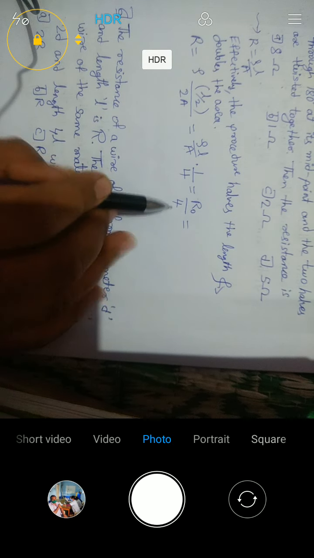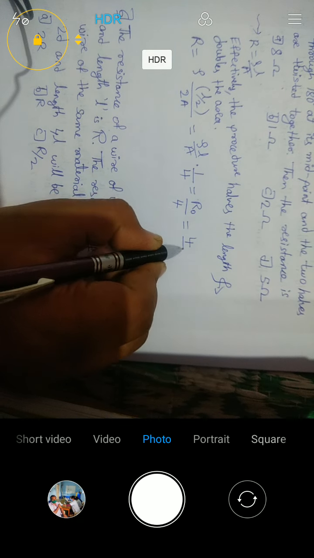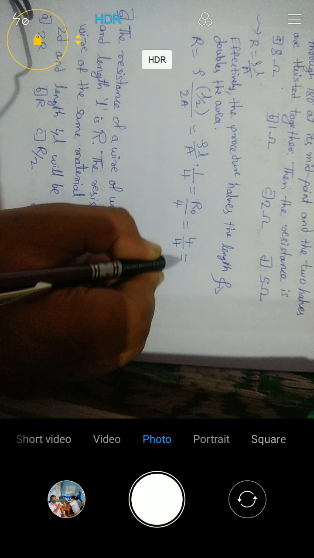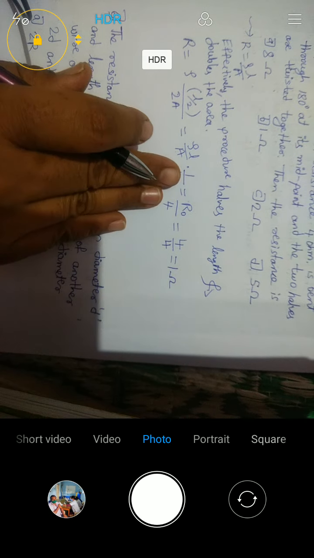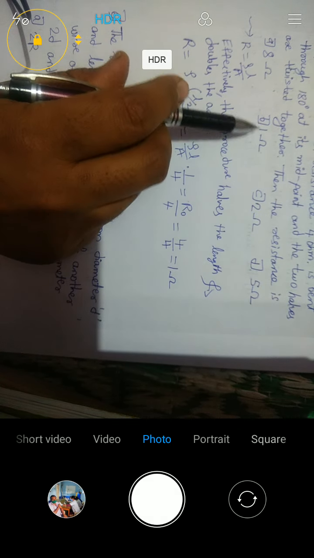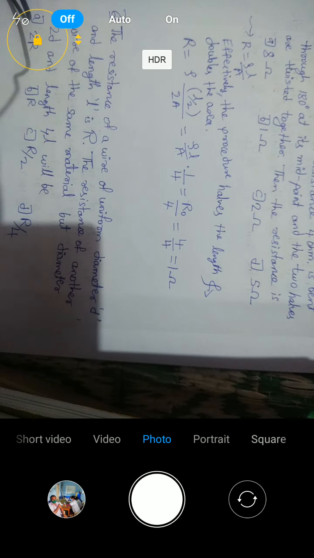Therefore 4 divided by 4 is 1 ohm. So option B is correct, 1 ohm is the answer for this question.